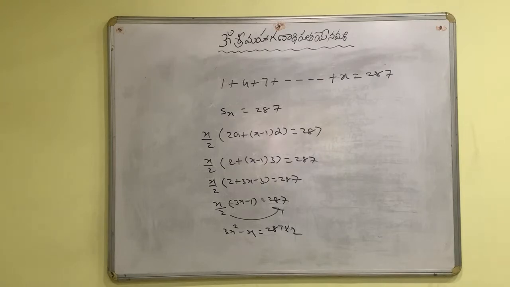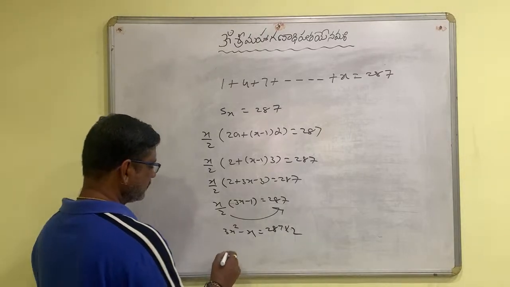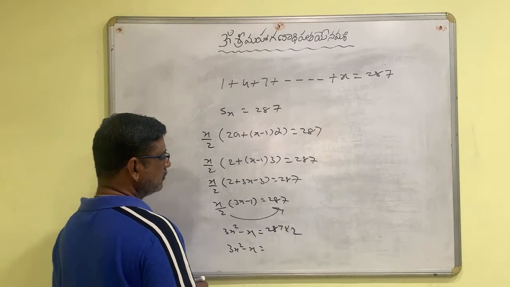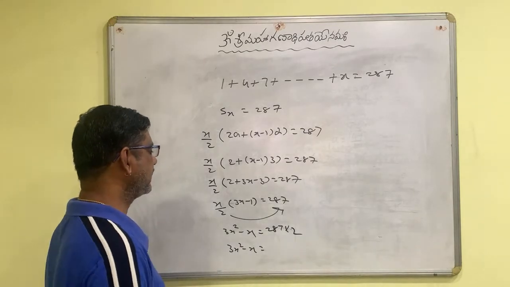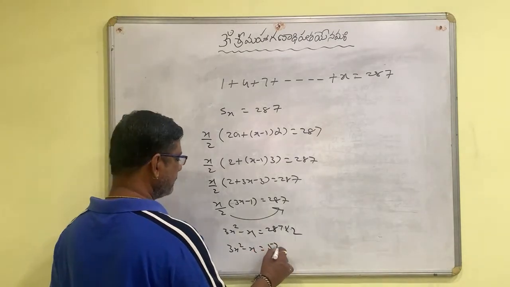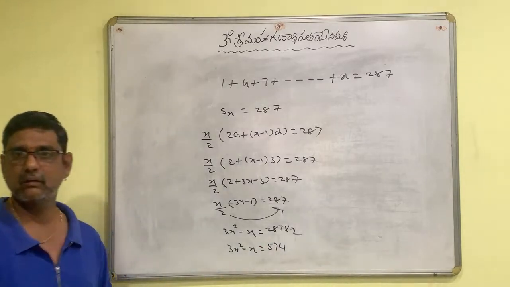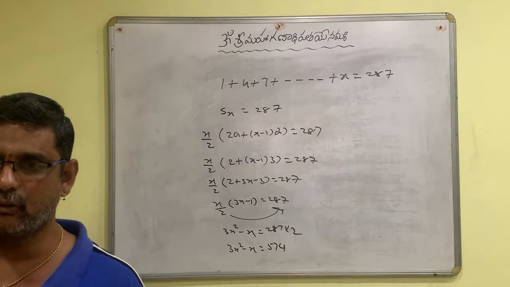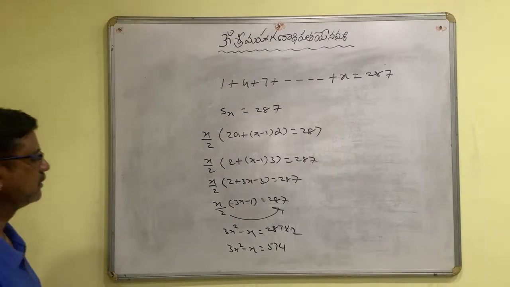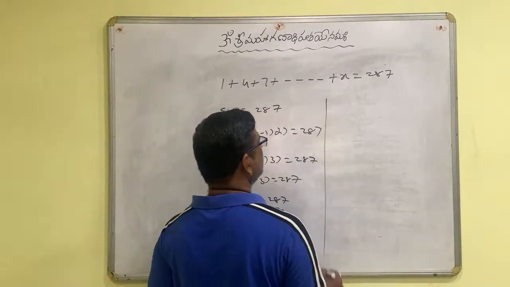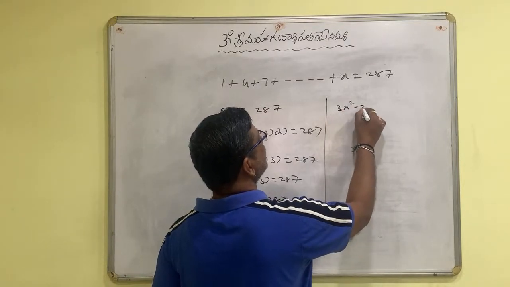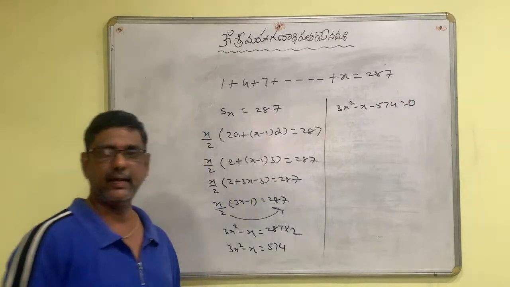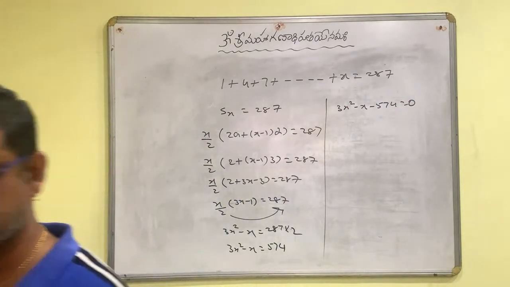3x square minus x is equal to 287 into 2. How much? 287 into 2 is 574. Now what will you get? 3x square minus x minus 574 is 0. Quadratic equation, find x.